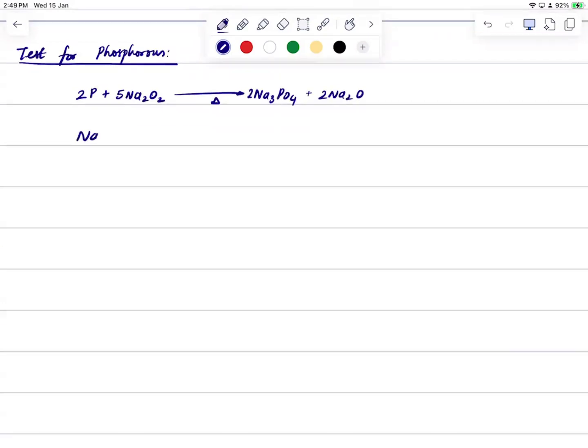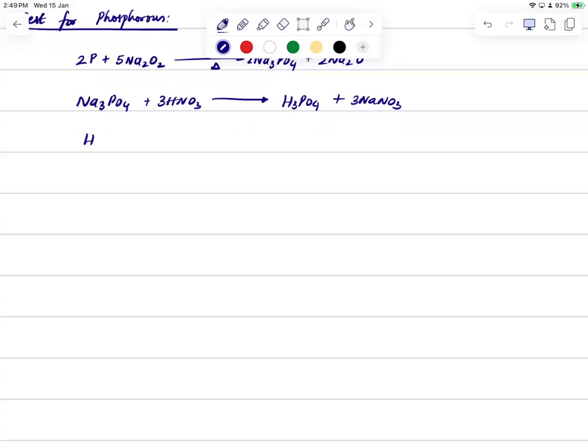Next, the Na3PO4 which we got, when treated with nitric acid, will convert into H3PO4 and NaNO3.